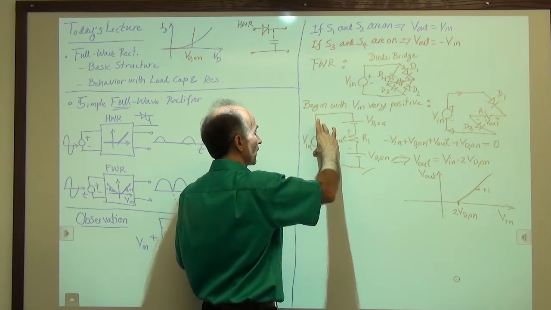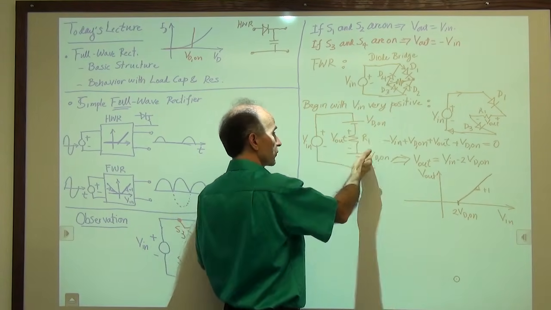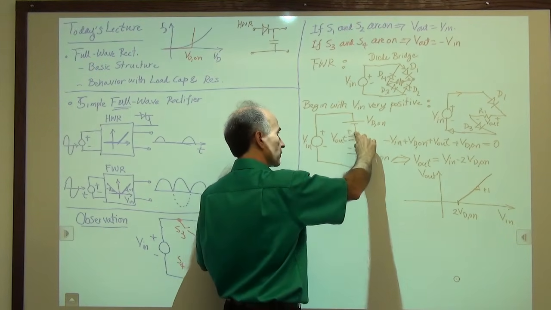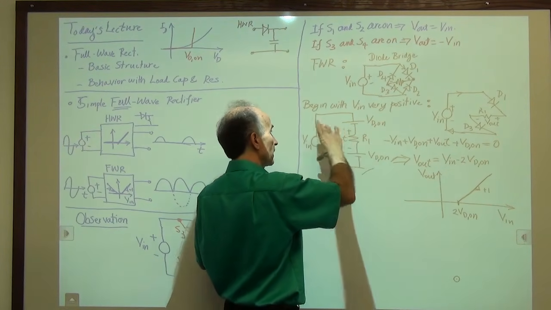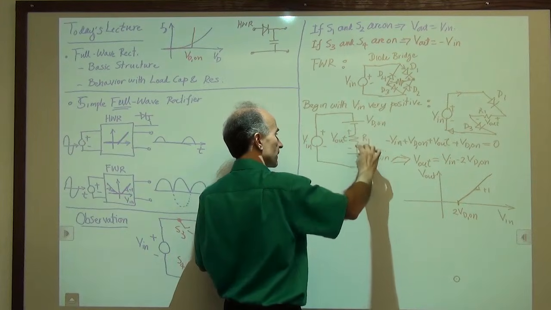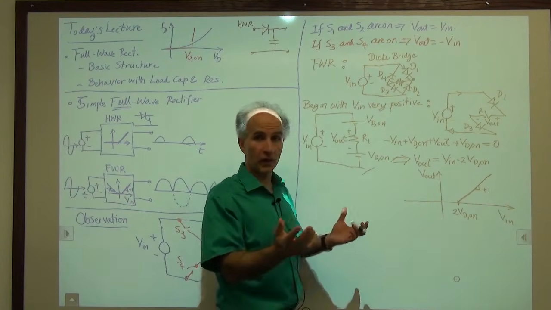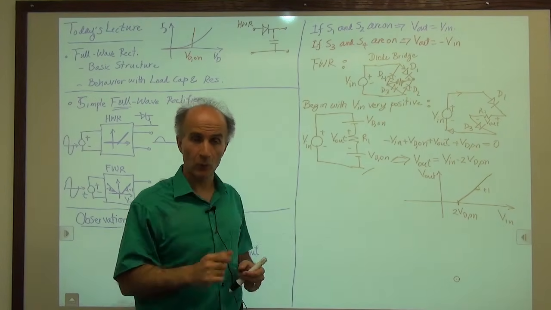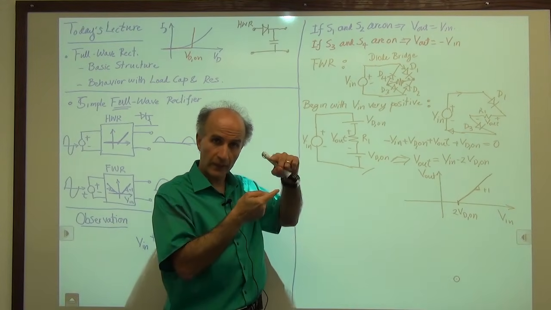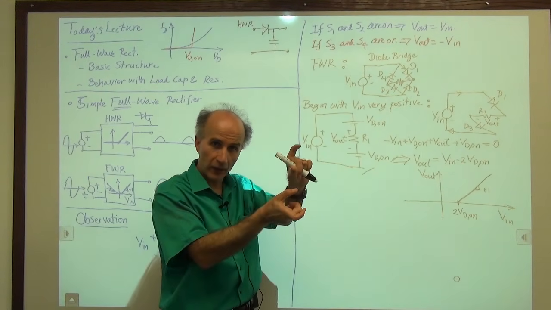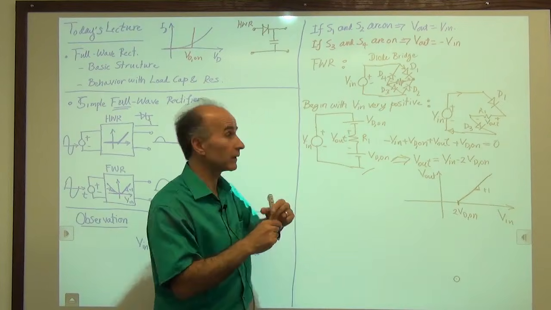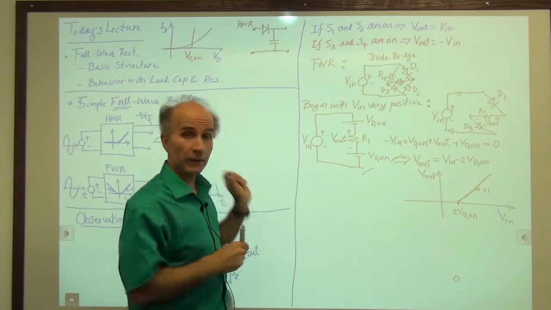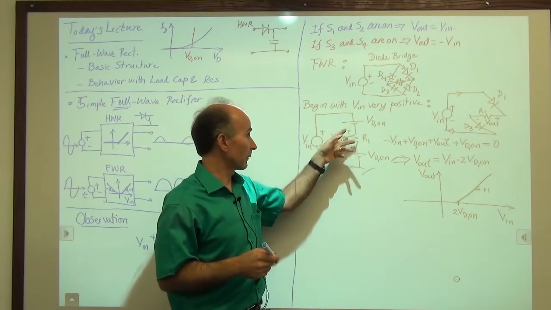Well, because if this voltage collapses, these batteries don't change, they still have their value. And when this is just equal to this plus this, R1 has no voltage on it. So when the input voltage reaches 2 diode drops, it's just barely enough to keep the 2 diodes on with a very small current, because we are over on this corner, and that means that the output voltage is 0.